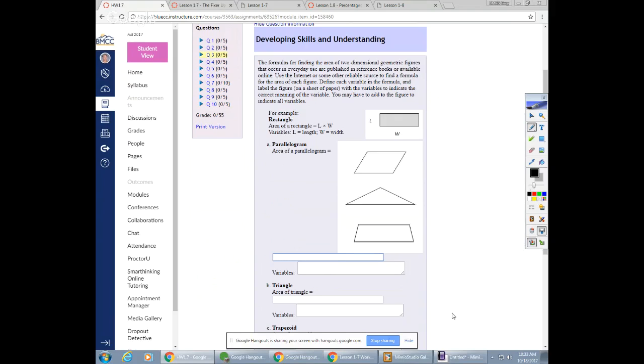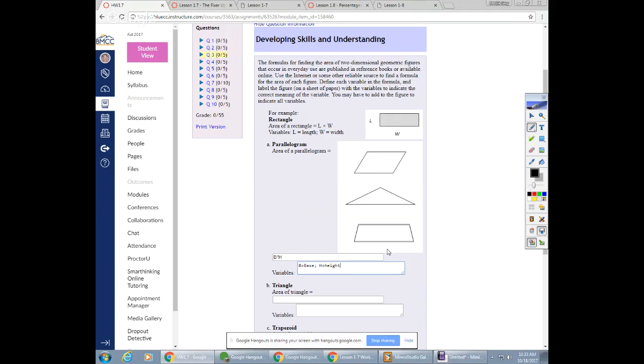So for example, for a parallelogram, the area would be B times H. Then down here, I would say B equals the base, then a semicolon, and H equals the height. That's how I would type that in.